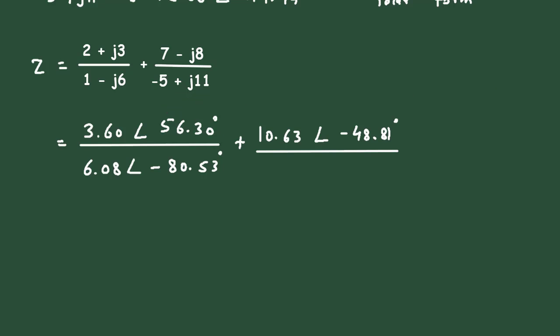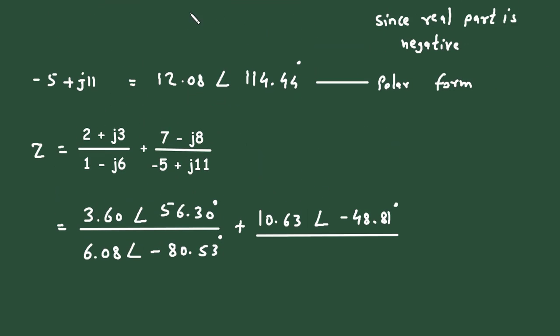Minus 5 plus j11 is this value. Now we can easily simplify this.